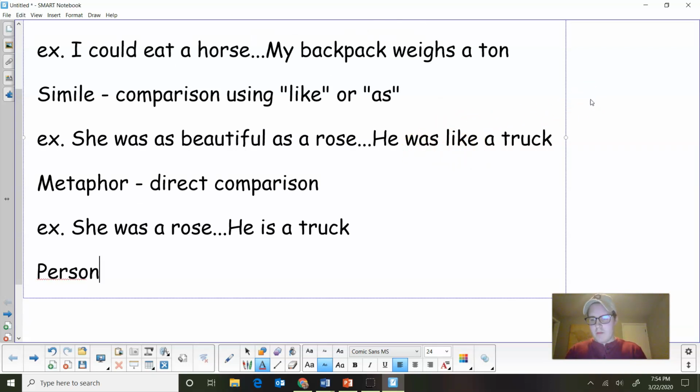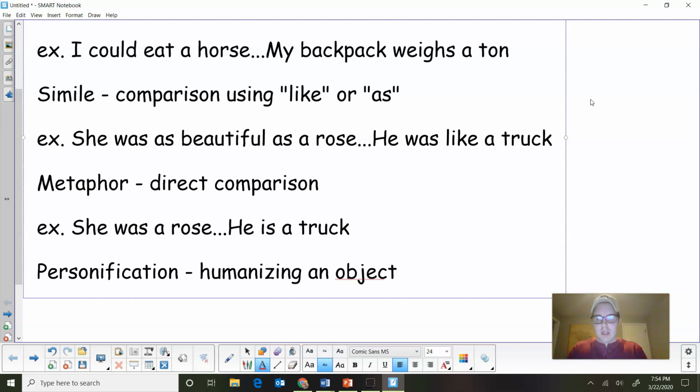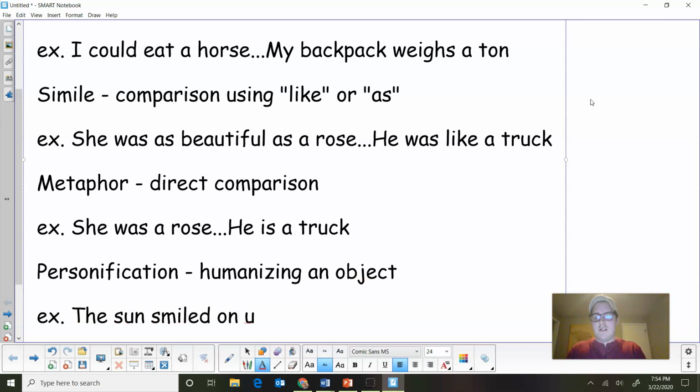Next, really popular figurative language device called personification. It's literally humanizing, not literally, figuratively, humanizing an object. Okay? For example, the sun smiled on us. What do you think the writer or the artist is meaning by the sun smiling? Yeah, sunny out. Good. Good job.